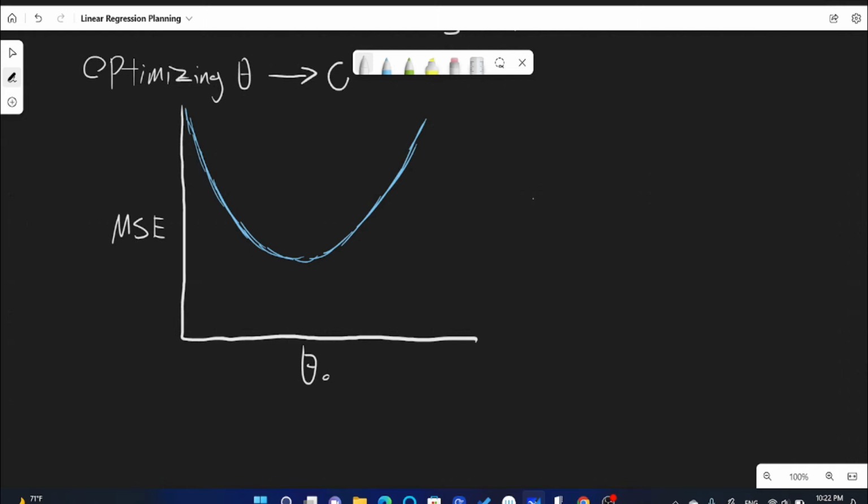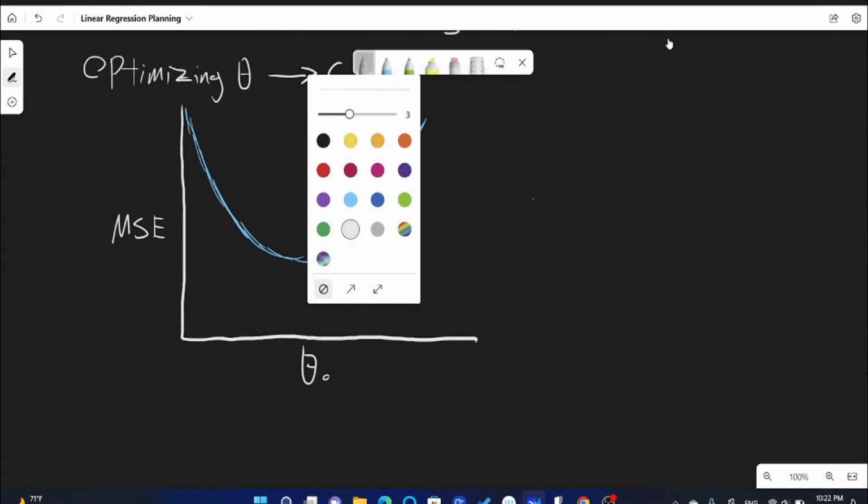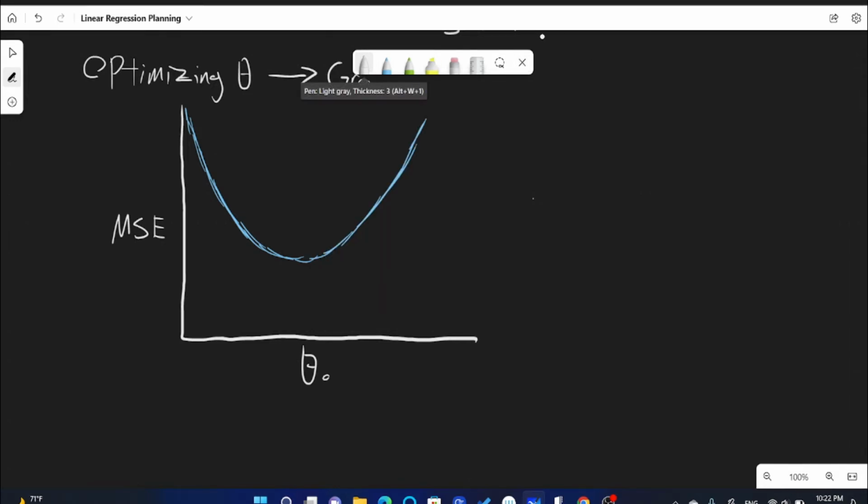And we're using gradient descent. Alright.